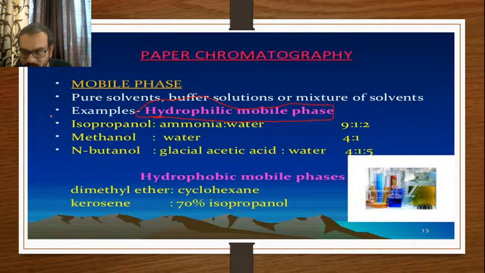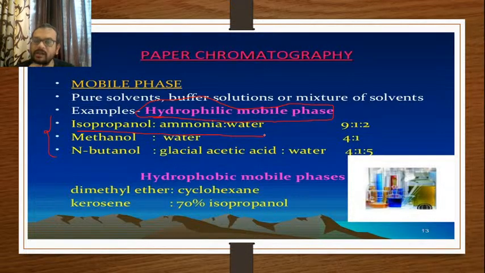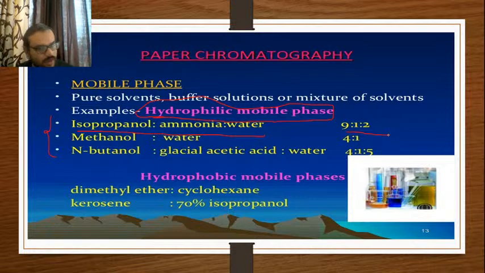You have to remember the composition ratios. Isopropanol, ammonia, water is one composition of mobile phase. 9:1:2 means 9 parts isopropanol, 1 part ammonia solution and 2 parts water. If you have methanol, you can go for hydrophilic separation using a methanol water composition of 4:1.